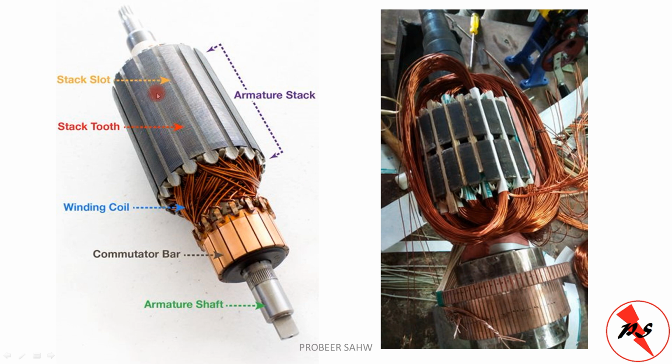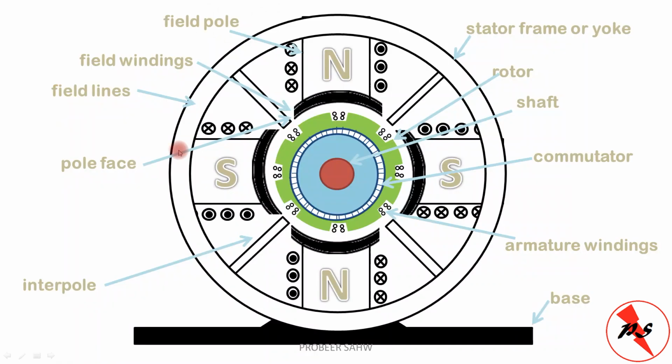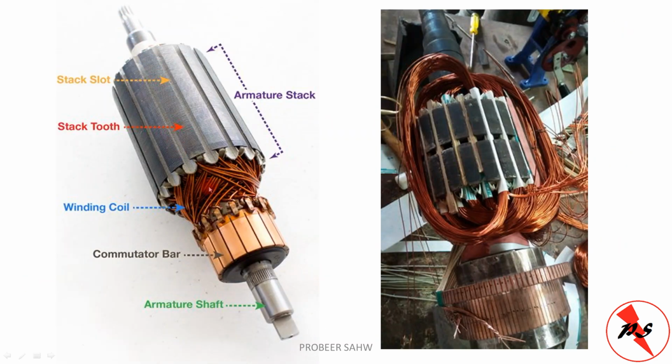Apart from the armature, we have just seen that there is a commutator. So this is the shaft, which is a long cylindrical forging. On this, armature slots are produced. This is the armature stack.